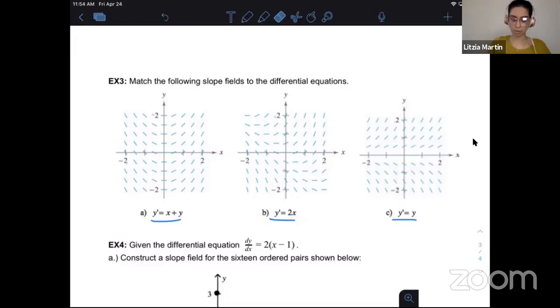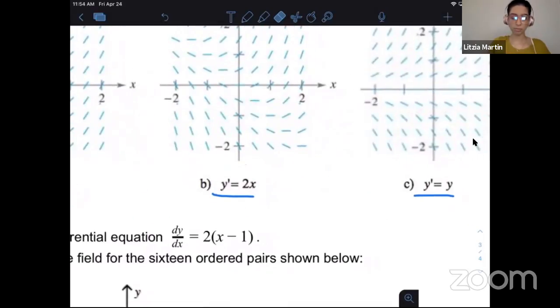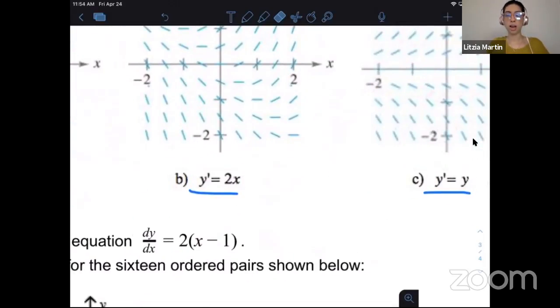Here, for example, with 2x, I know that all of my x values are going to be affected the same way, right? So if I plug in an x value of 0, then I'm expecting to have a slope of 0.